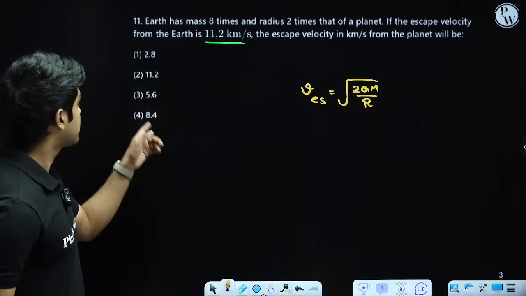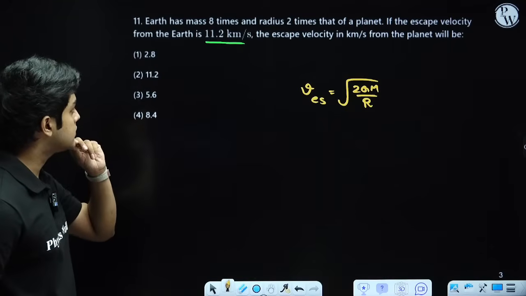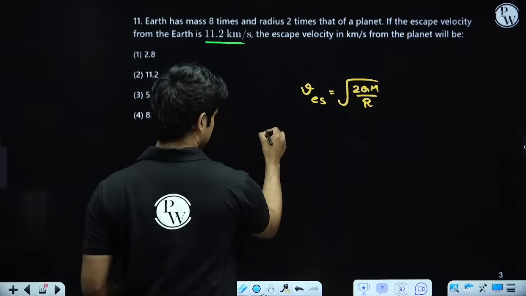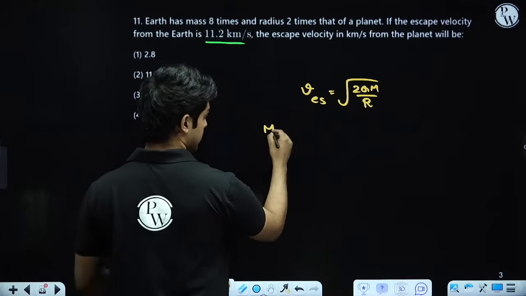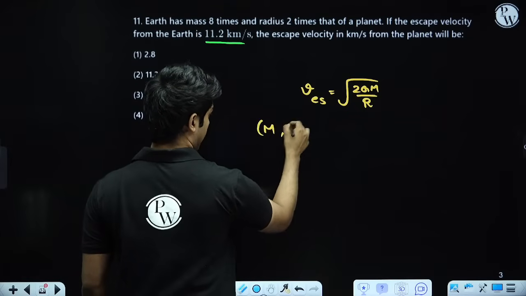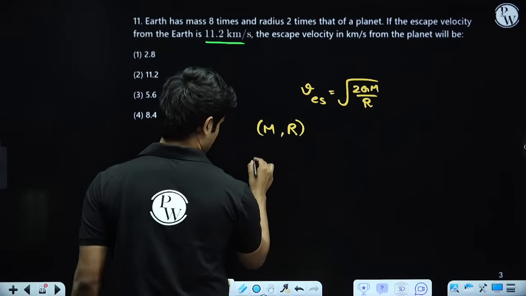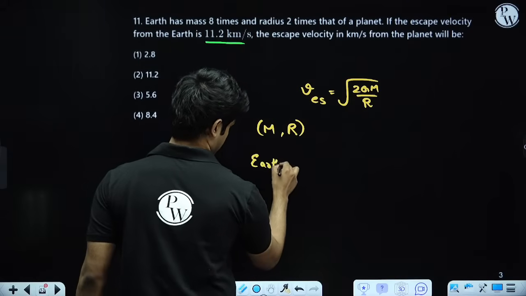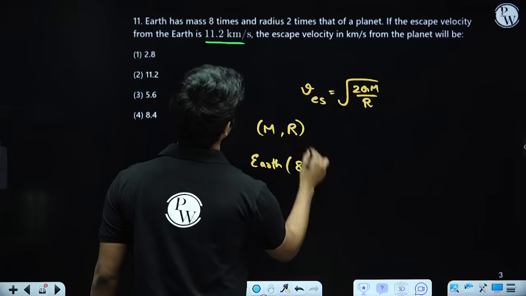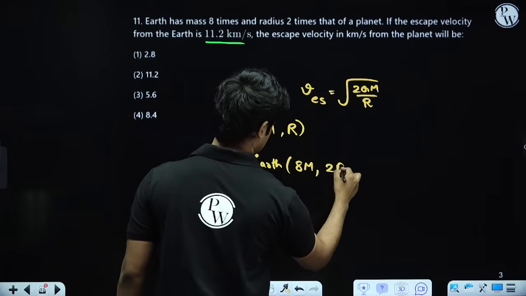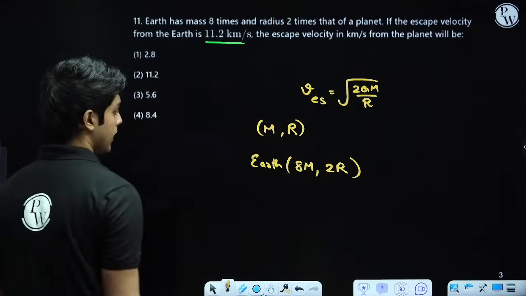So let's say the mass of the second planet is m and its radius is r. It's given that Earth has 8 times the mass. So for Earth, the mass is 8m and the radius is 2r, twice the radius of the planet, okay?